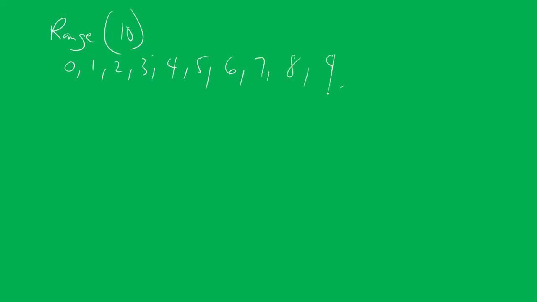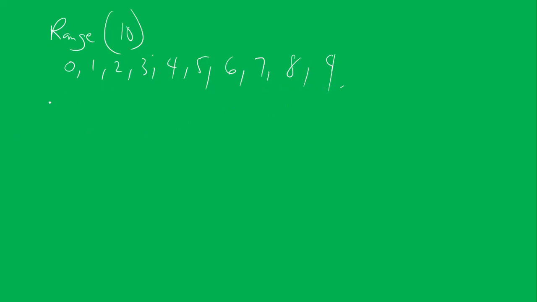So for this range function, if you have 10 like this, range 10, the thing will start from 0, 1, 2, 3, 4, 5, 6, 7, 8, 9, and so on. If you count, this is 10.